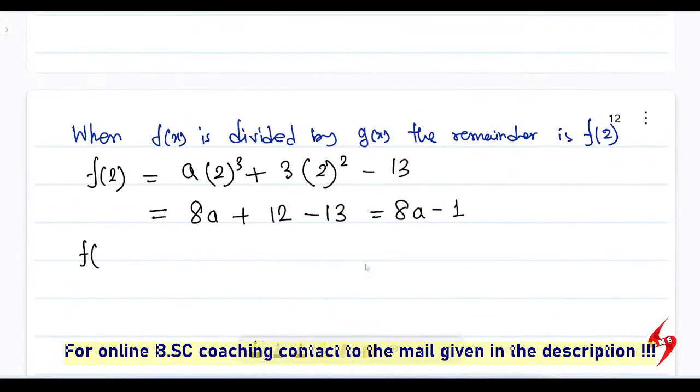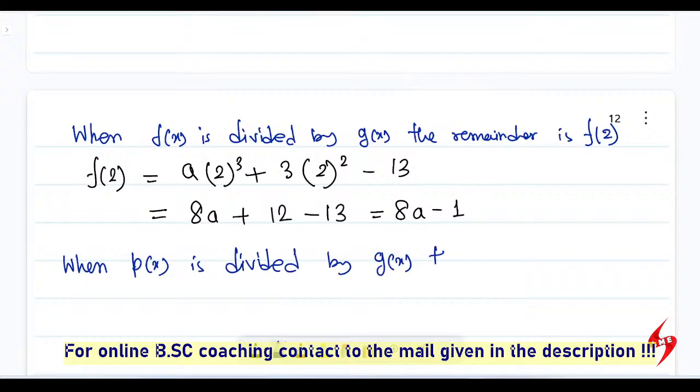Okay. So next, when p of x is divided by g of x, the remainder is p of 2, as 2 is the zero of this polynomial.